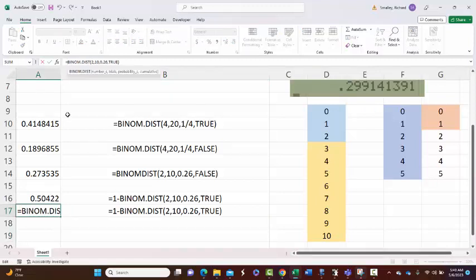You may already not be a fan of this, and that's fine. But I can say that I tried. 5 successes. Okay, yeah. Well, where's the other? Okay. Minus binom dist. I can't even see the keyboard. There we go.